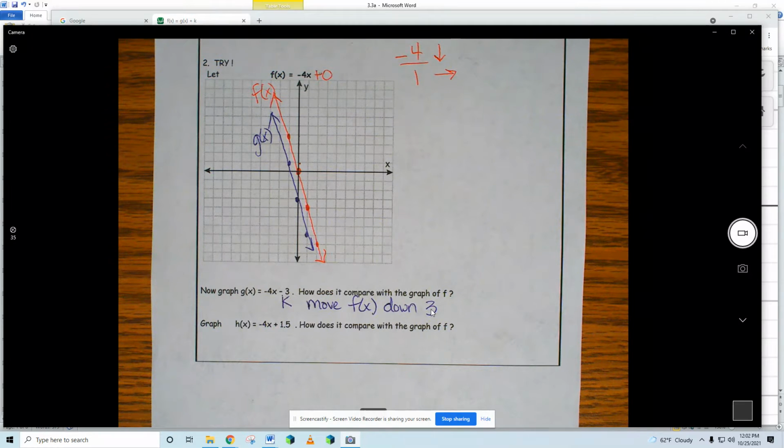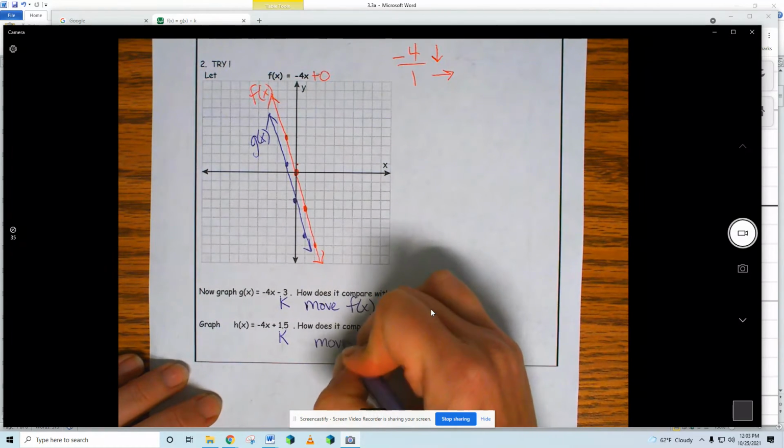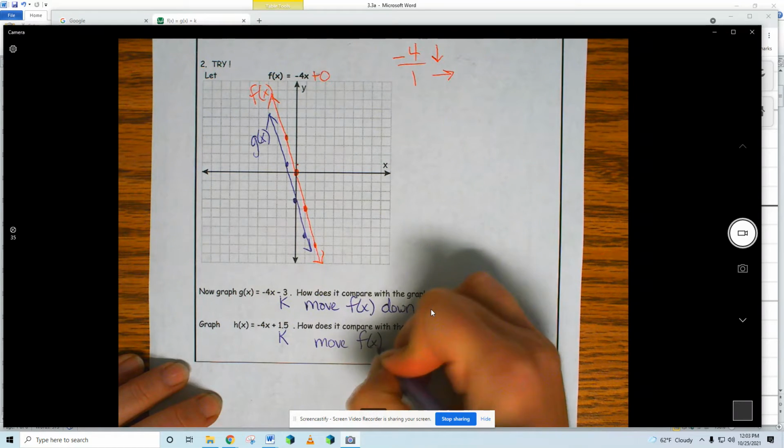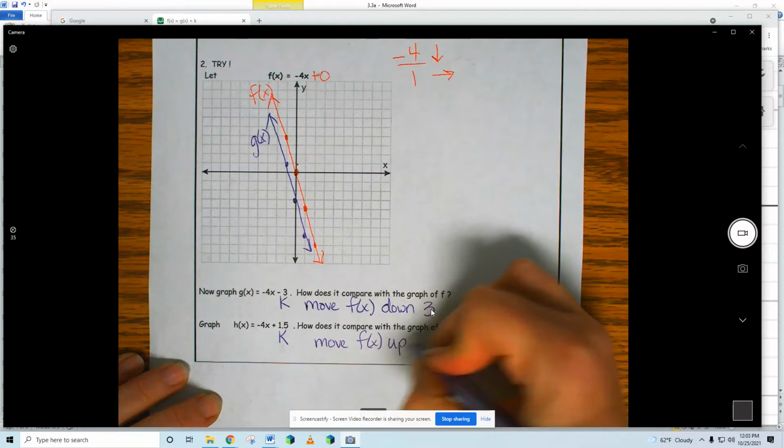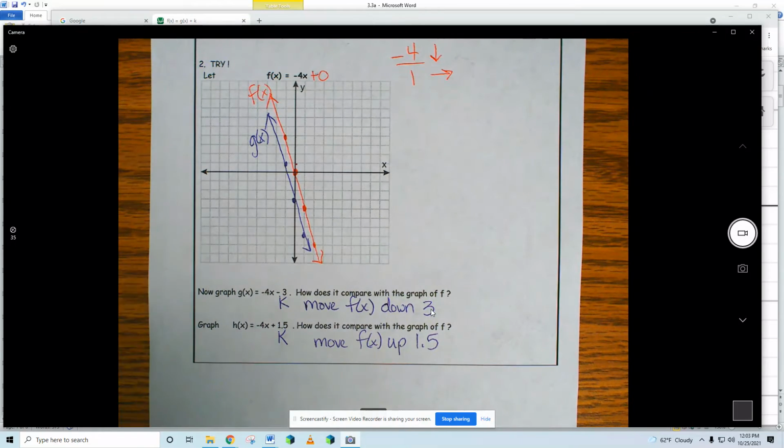Okay, ready? Third line. Graph h of x. We could just use letters of the alphabet. H of x, -4x. My y-intercept is now 1.5. Move f of x up 1.5. So I'll do this in green.